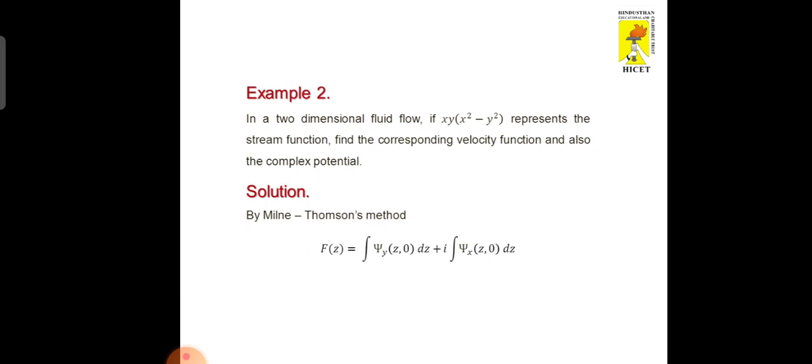We know that by Milne-Thomson's method, f(z) = ∫ ψ_y(z,0) dz + i ∫ ψ_x(z,0) dz. Now we consider the given function ψ = xy(x² − y²). Now we find the first order partial derivatives with respect to x and y.